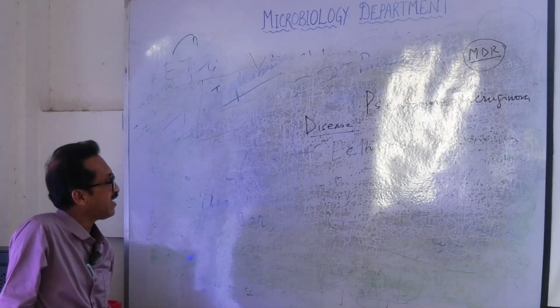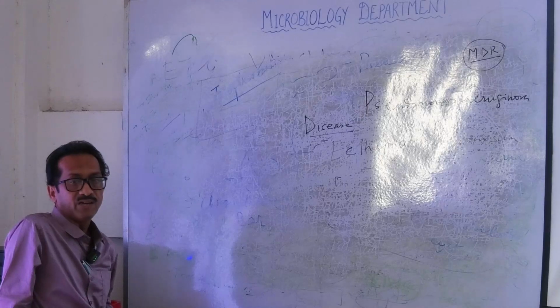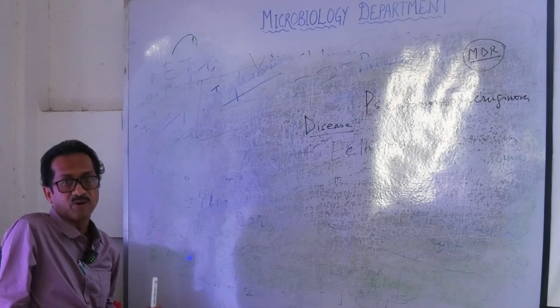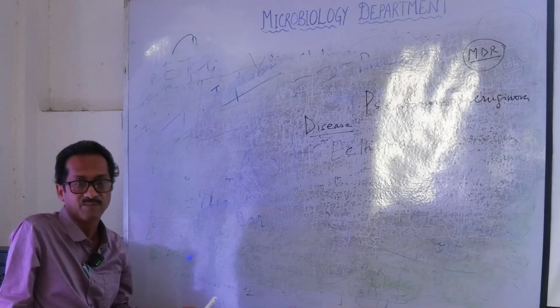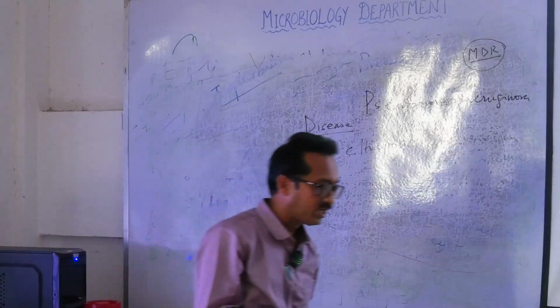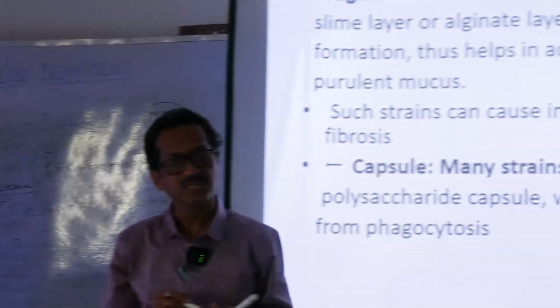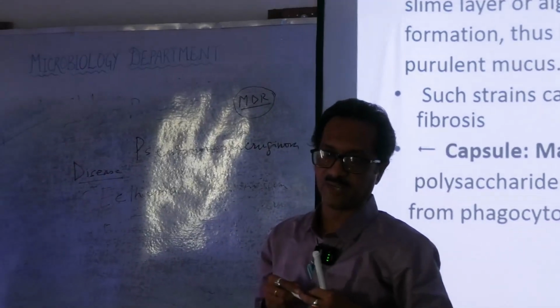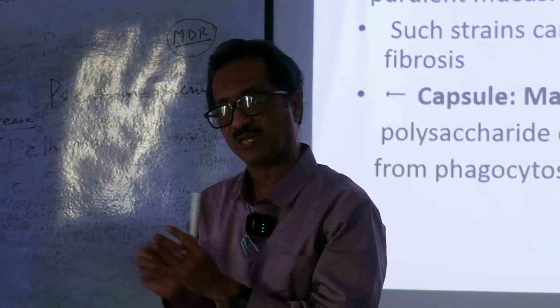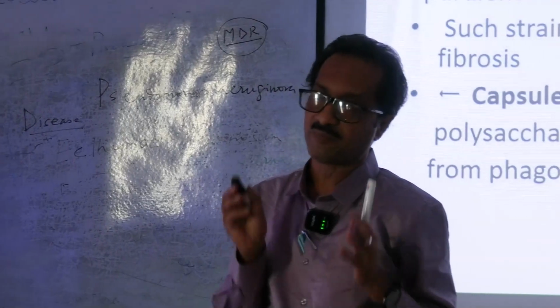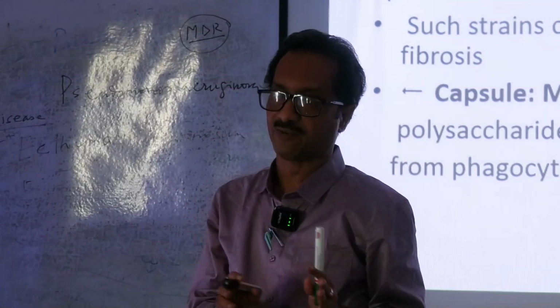It usually occurs in a moist area of the body. So what are the common infections due to Pseudomonas? First is all hospital acquired infection, whether it is a bacteremia, a ventilator-associated pneumonia, or a UTI. It is one of the most common agents for hospital acquired infection.